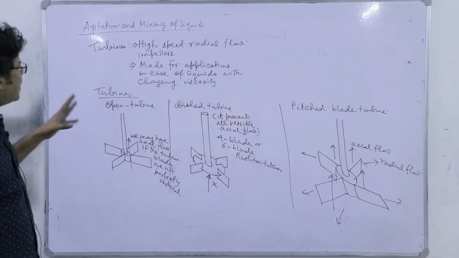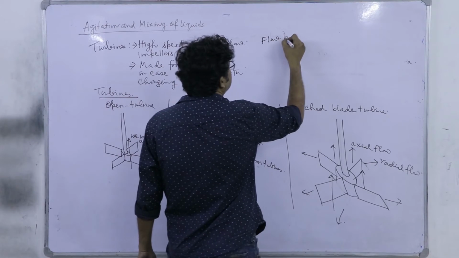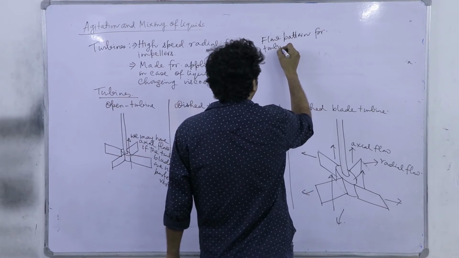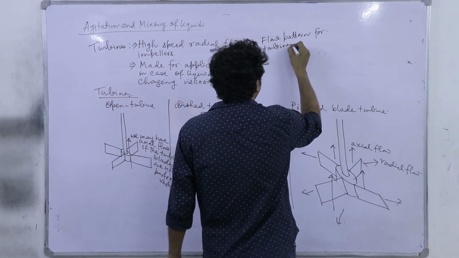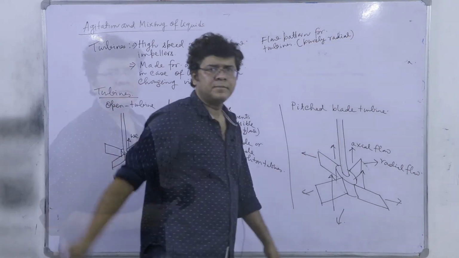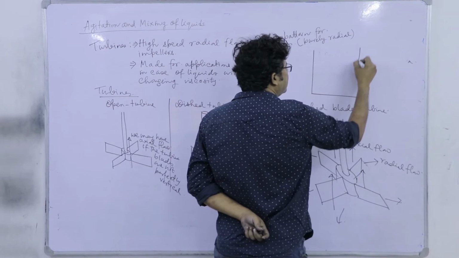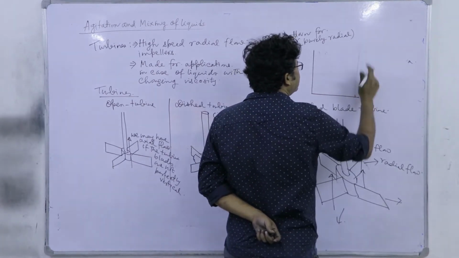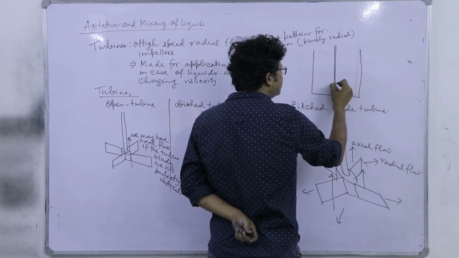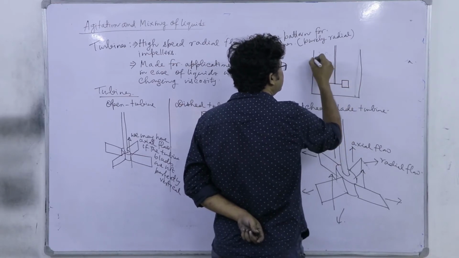So you see the flow pattern in a turbine, which is purely radial. If I am using this sort of turbine, which is purely radial, this is the liquid level.